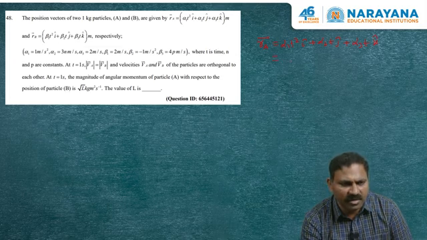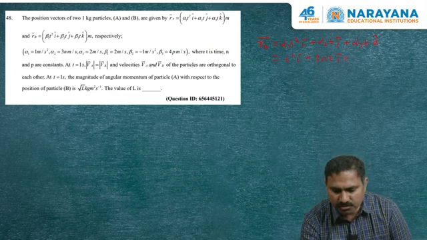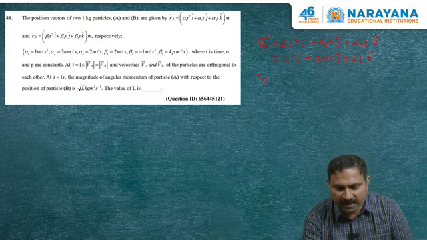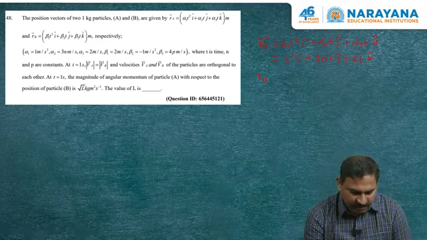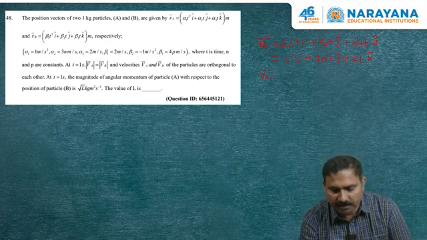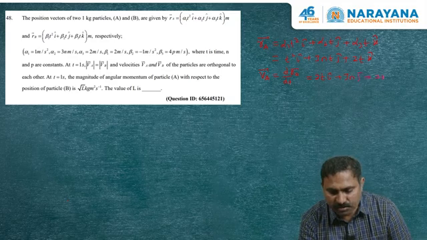Alpha 1 is 1, alpha 2 is 3n, so it is t square i cap plus 3nt j cap. Similarly alpha 3 is 2, so this is 2t k cap. Similarly rB. Let us find velocity directly for this. Velocity of A equal to d by dt of the position vector of A. This is equal to 2t i cap plus 3n j cap plus 2 k cap.